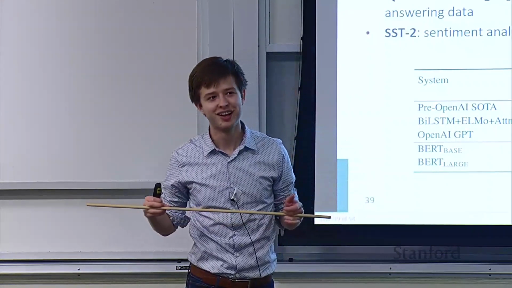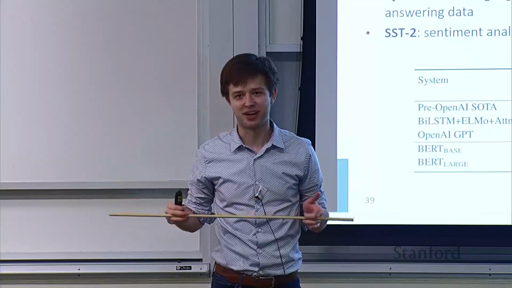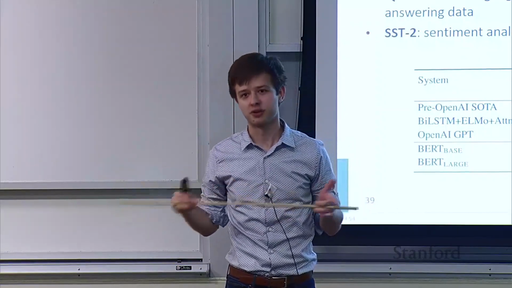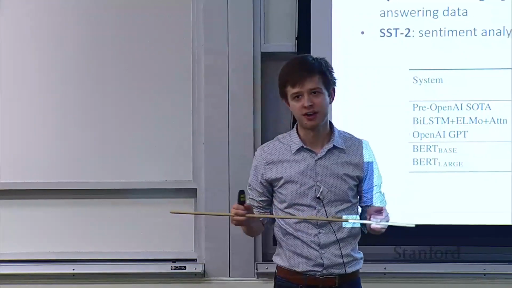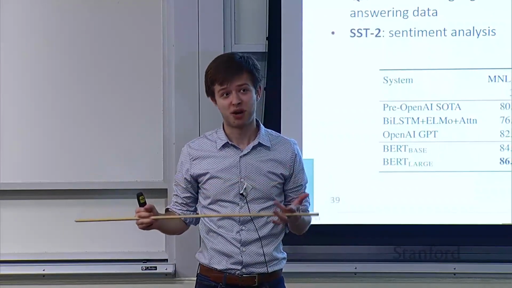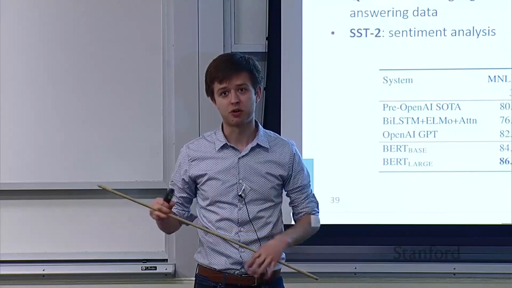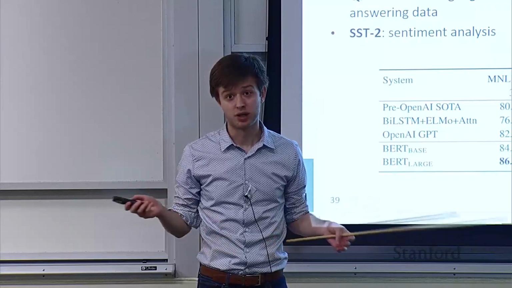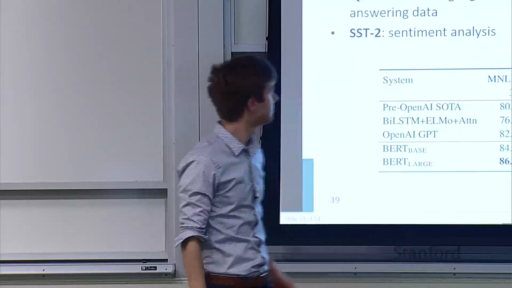And the simplicity is pretty fascinating. There's one code base called Transformers from a company called Hugging Face that makes this just a couple of lines of Python to try out as well. So it's opened up very strong baselines without too much effort for a lot of tasks.